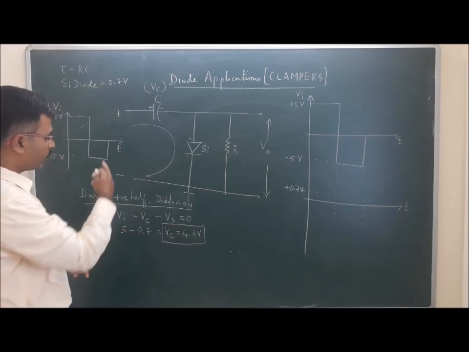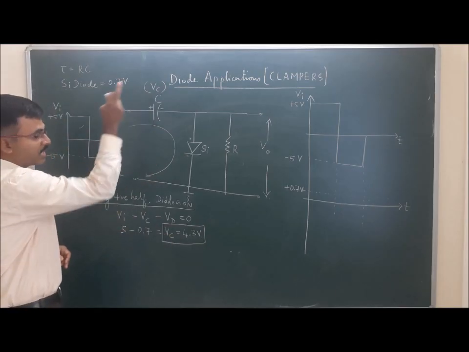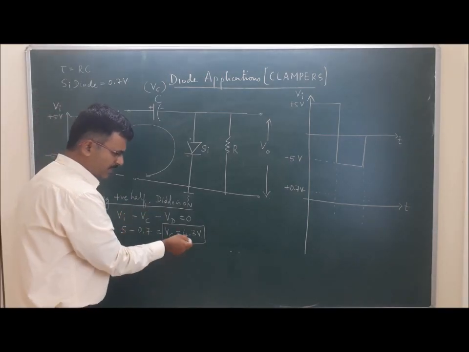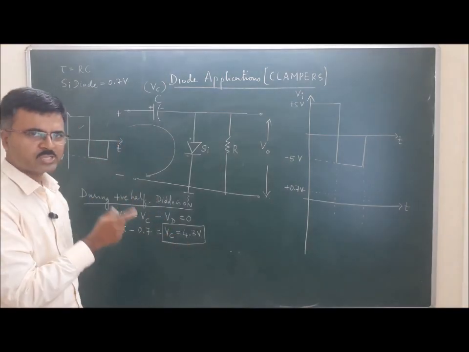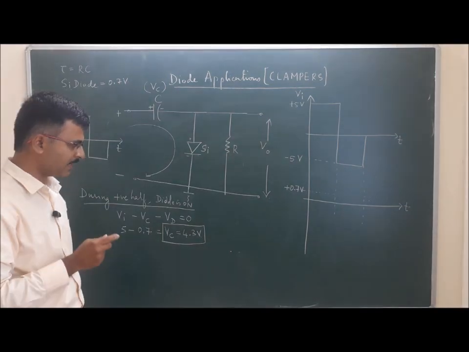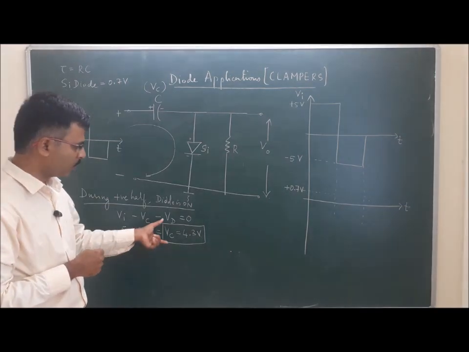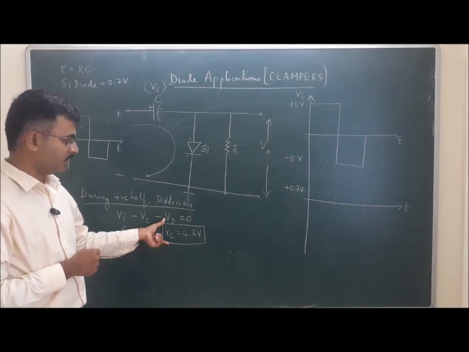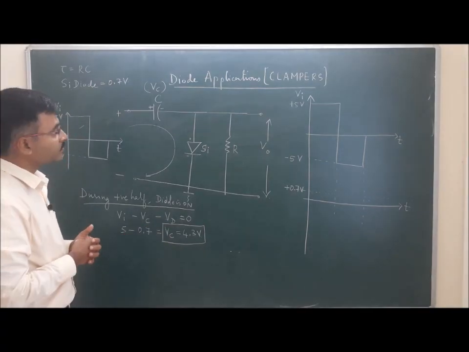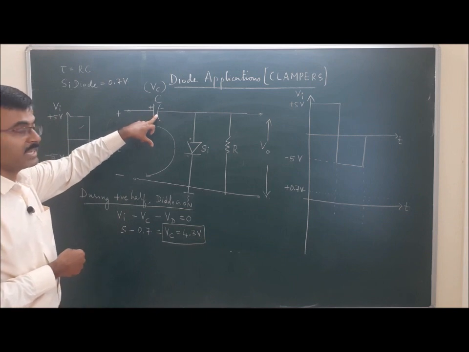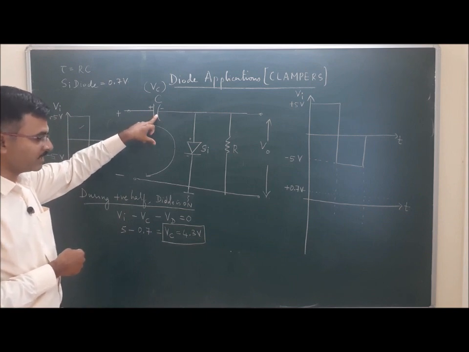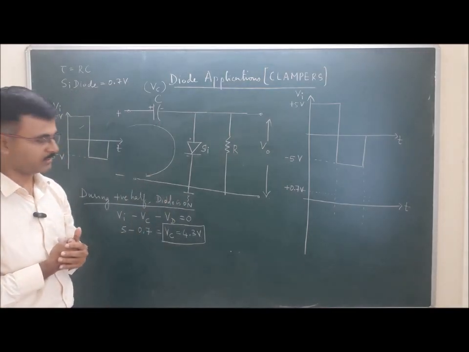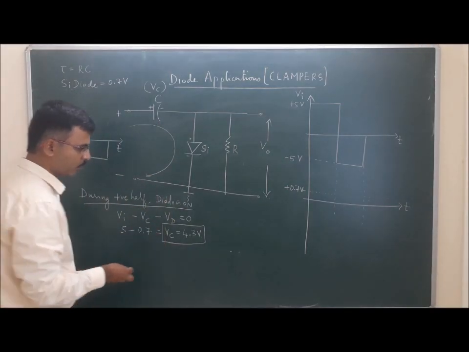During the positive half, the capacitor gets charged to 4.3 volts. This is a very important step. Unless you track the voltage that develops across the capacitor, we cannot proceed further to the output side. So VC is 4.3 volts.